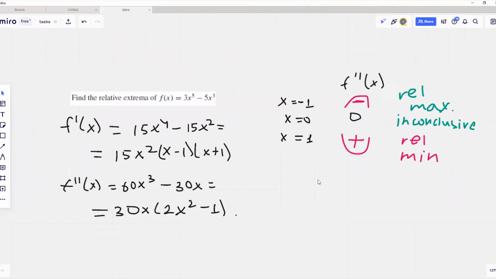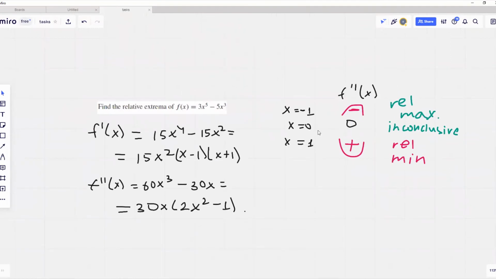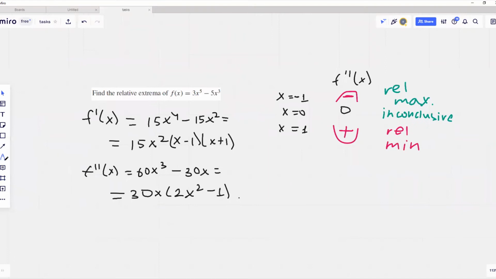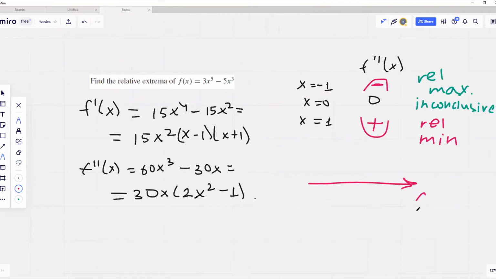All right, so since our test was inconclusive at point x equal to 0, we have to use the first derivative test. So we have to study the signs of f prime to find what kind of extrema point we have at x equal to 0. So we have three stationary points: x equal to -1, multiplicity is 1; at x equal to 0, multiplicity is 2, so the sign will not change over this stationary point; at x equal to 1, multiplicity is 1.